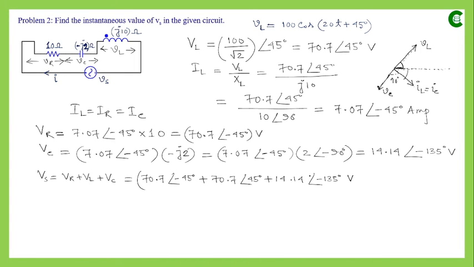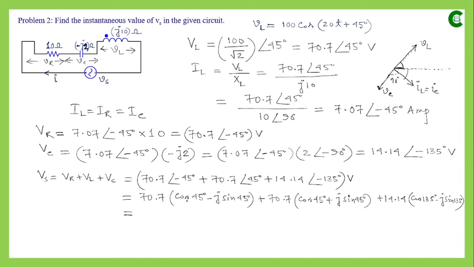Now since we are adding these three values, it will be better if we convert all the values into rectangular form. After representing in rectangular form, we will get these values. So it is 70.7, then cos theta plus j sin theta. So cos of minus 45 degrees, that means cos of minus theta is equal to cos theta, so cos 45 degrees only.